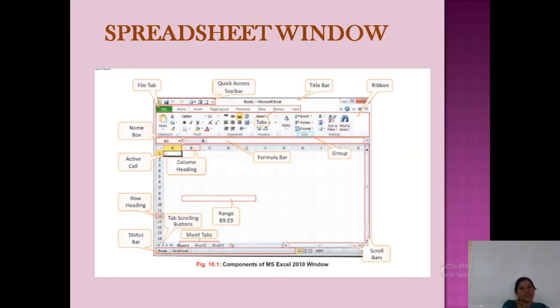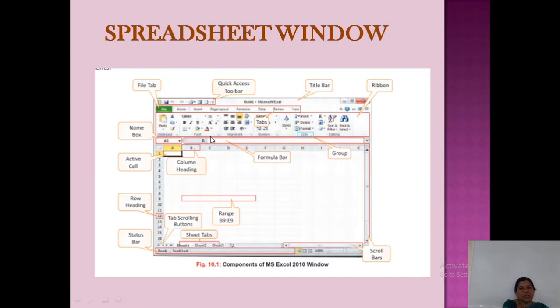And this is a spreadsheet window. The window in Microsoft Excel is nothing but a spreadsheet window. What is a spreadsheet? In Excel we have the data in the form of rows and columns, that is called a spreadsheet. Here we have the components of the spreadsheet window. Here is the formula bar, and A, B, C, D, these are column headings, and this box covered with the active cell is the name box.